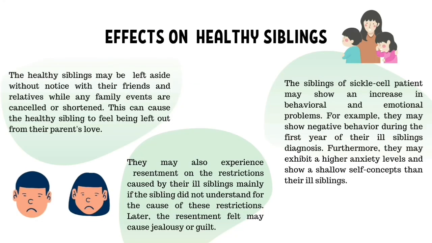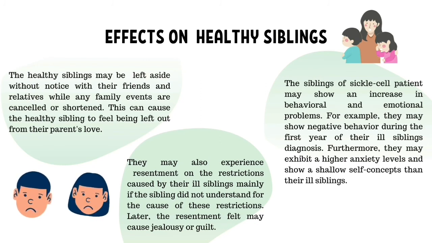The last point is the effects on the healthy siblings. The healthy siblings may be left aside without notice with their friends and relatives, while any family events are cancelled or shortened. This can cause the healthy sibling to feel left out of their parents' love. Besides that, they may also experience resentment over the restrictions caused by the ill sibling, mainly if they did not understand why these restrictions exist.